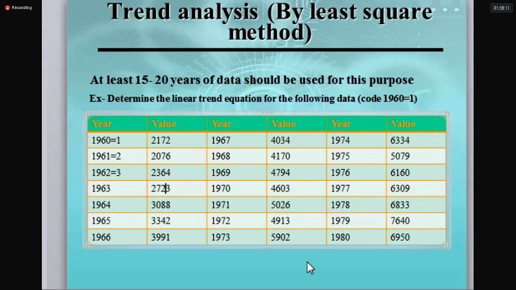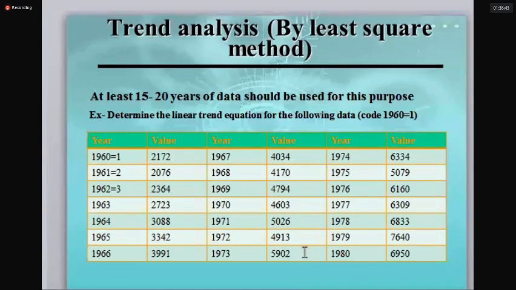If we consider demand, for example, usually it is necessary to find the trend, that means whether demand is increasing or decreasing. So it is enough to calculate the trend pattern, whether it is positive or negative, and then we quantify it, find the relationship mathematically, and estimate the future values.